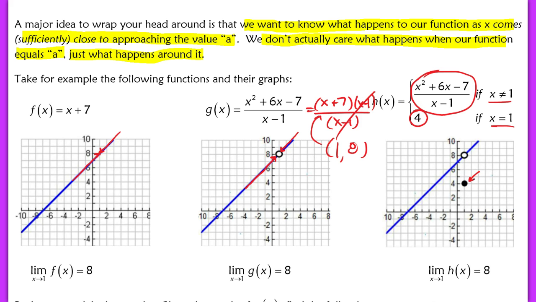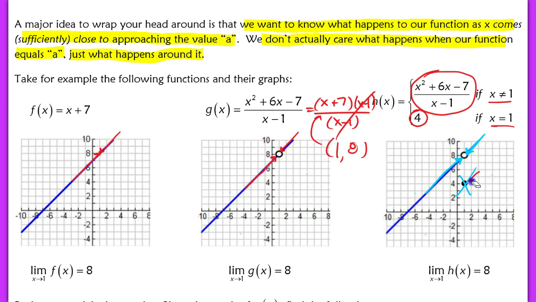So we see a different thing going on at the value x equals 1, but it doesn't matter because we're concerned about what happens as x approaches 1 from the left and from the right. What happens to our y output? And again, in this case, who cares about that coordinate here? It's still approaching the value 8. So that's why our limit here is 8.